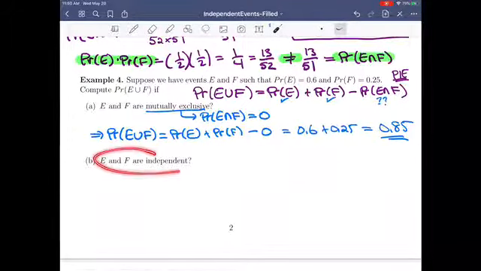Again, if we know that they're independent, then we also know the probability of the intersection. With this extra information, we can also solve.